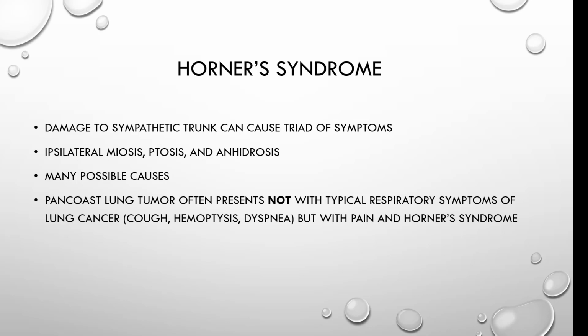You could also have trauma that would cause a disruption of the sympathetic chain. But Pancoast tumor is an important one, and it typically doesn't present with respiratory symptoms, but rather with pain, often referred to the right shoulder, sometimes muscle weakness, and Horner's syndrome, this triad of symptoms.